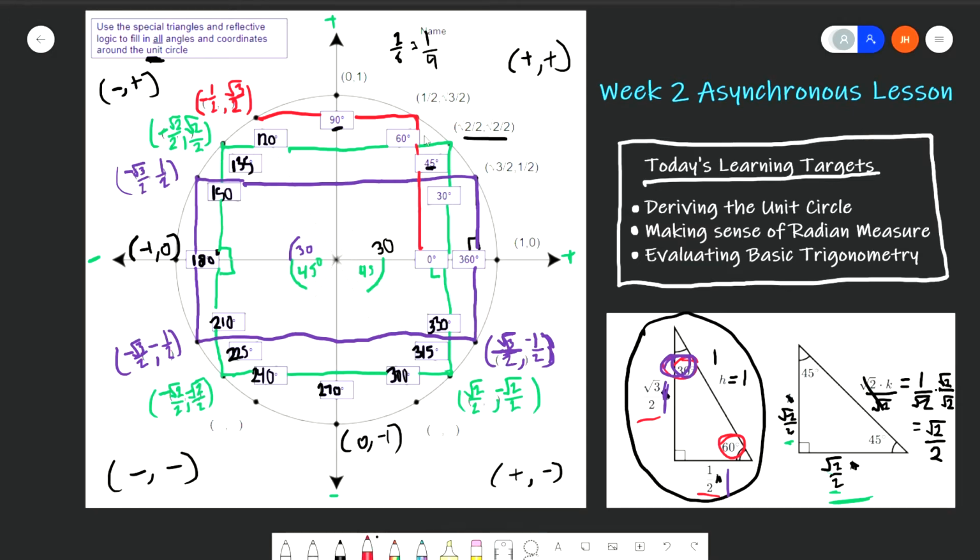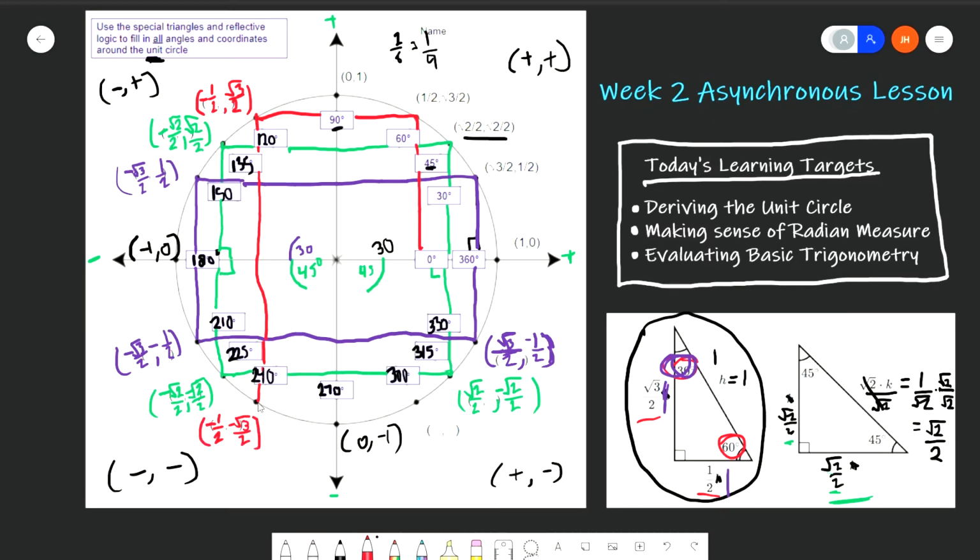All right, so continuing on with our 60-degree angles. If I go down from here, I can find that 240 is 60 degrees more than 180, right? See that? So 240 here would be the negative version of that coordinate pair: negative 1/2, negative root 3 over 2.